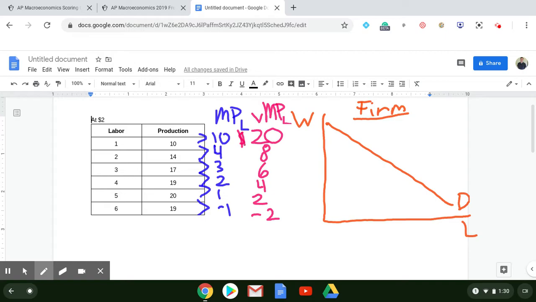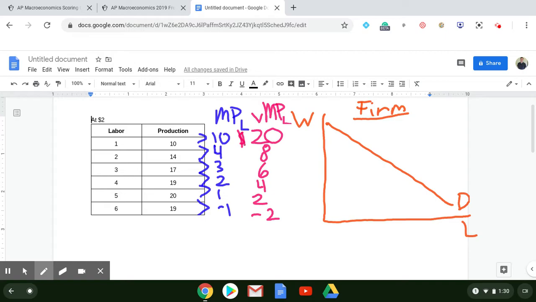So the firm's demand is based on both the price it's charging for this product, the marginal revenue, times the marginal product. Now, I use value of marginal product because this is a perfectly competitive firm.